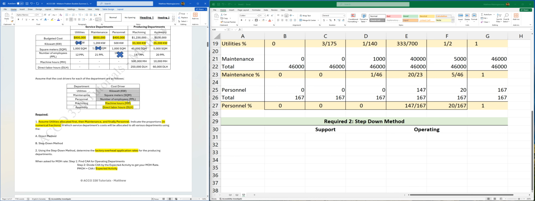We need to find out how this department incurs cost, and use that to figure out the rate. So the expected activity is basically the cost driver, or whatever they use to incur overhead in the first place. Cost after allocation divided by expected activity gives you your PMOH, and you get this expected activity from your board or if it's given to you.